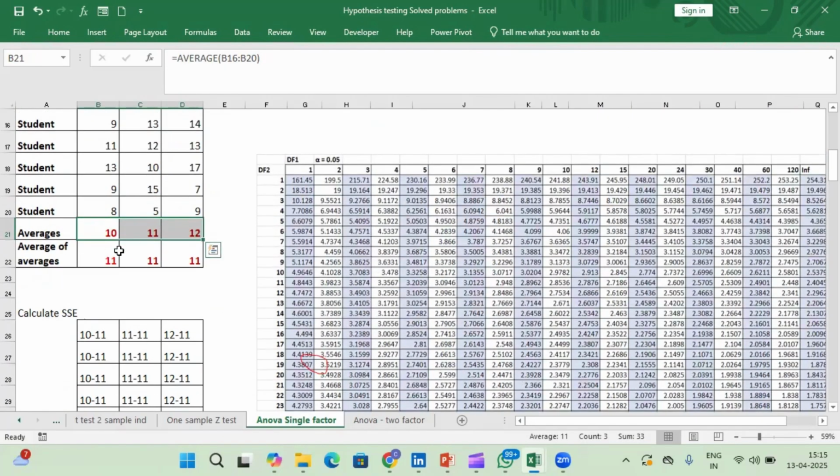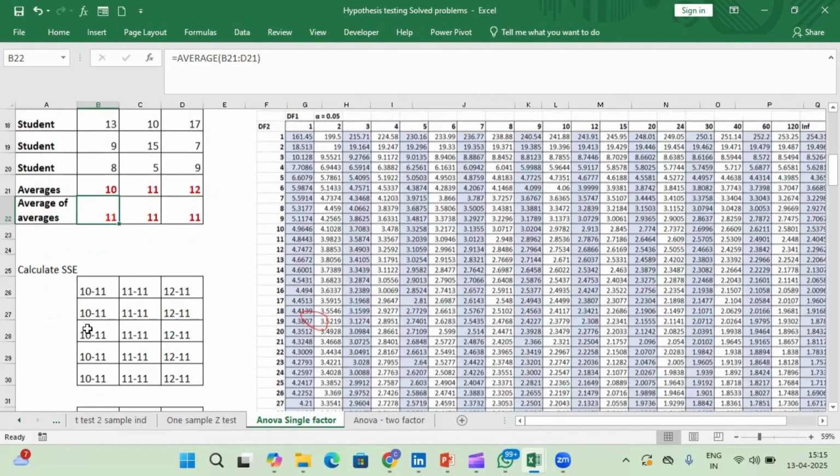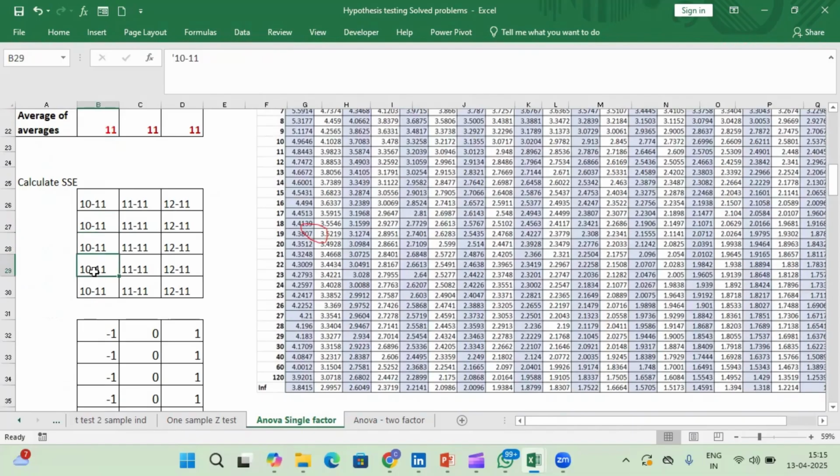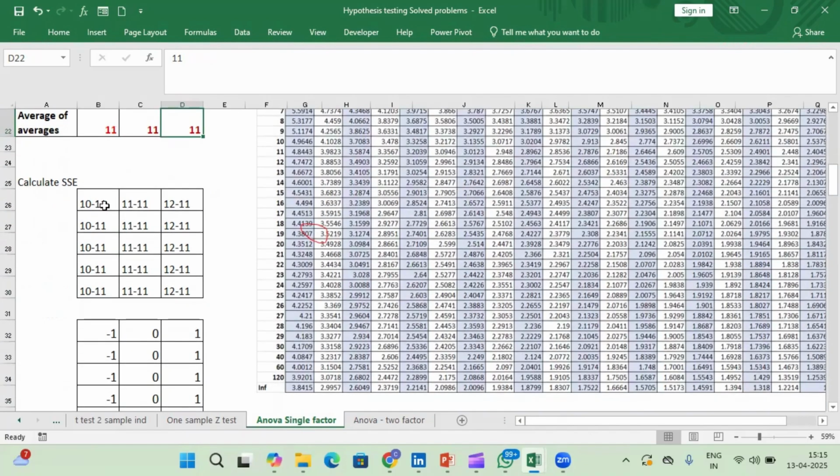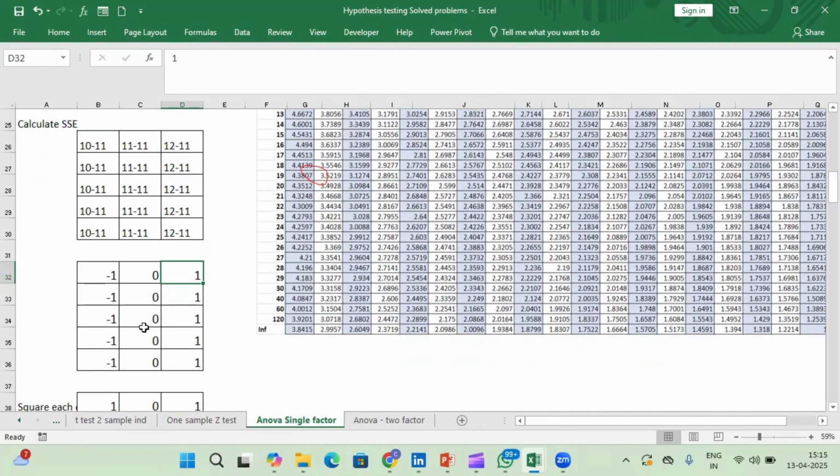Then you take out 10 minus 11, 10 minus 11, and write down for each. Next column, 11 minus 11. Then 12 minus 11. Find out the answers for that. 10 minus 11 is nothing but minus 1, 0, 1. Now square these things.